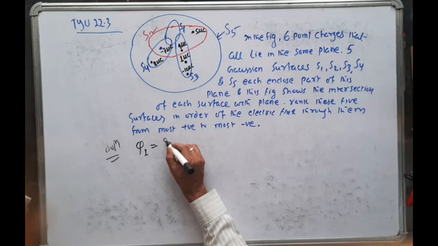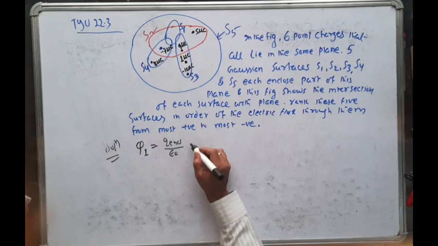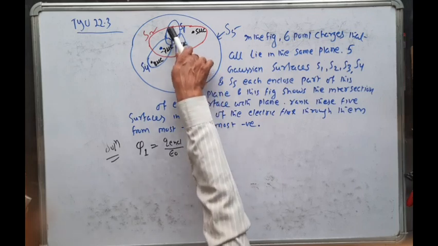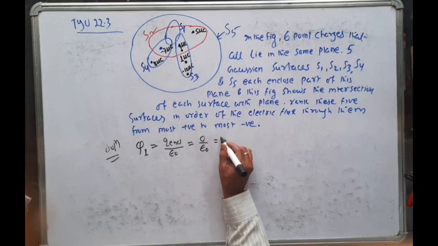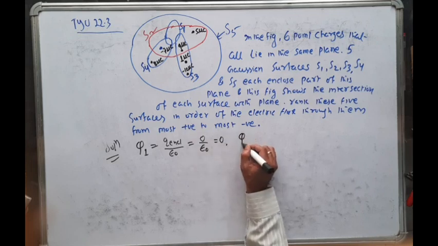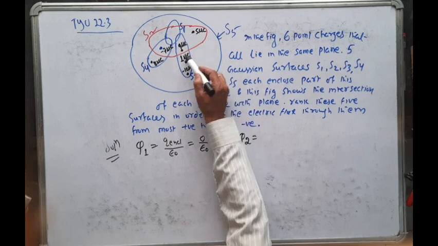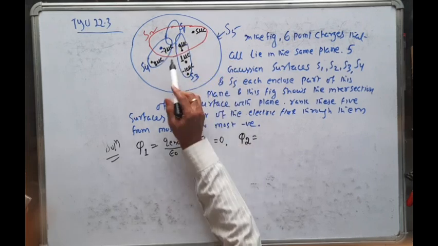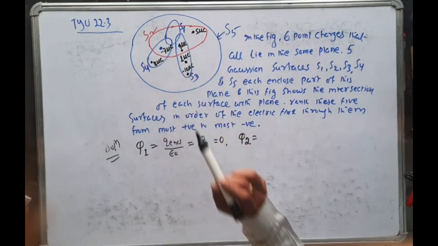So we know flux is equal to Q enclosed divided by epsilon naught. Here inside S1 there is no charge, so the flux through the first surface is equal to 0. Then come to the flux through the second surface. In the second surface, within the red color, there are 3 point charges: -7 microcoulomb, 9 microcoulomb, and plus 5 microcoulomb.